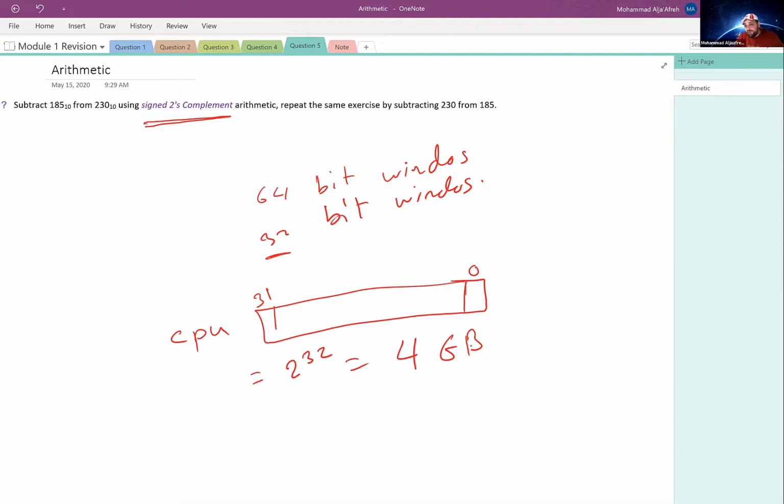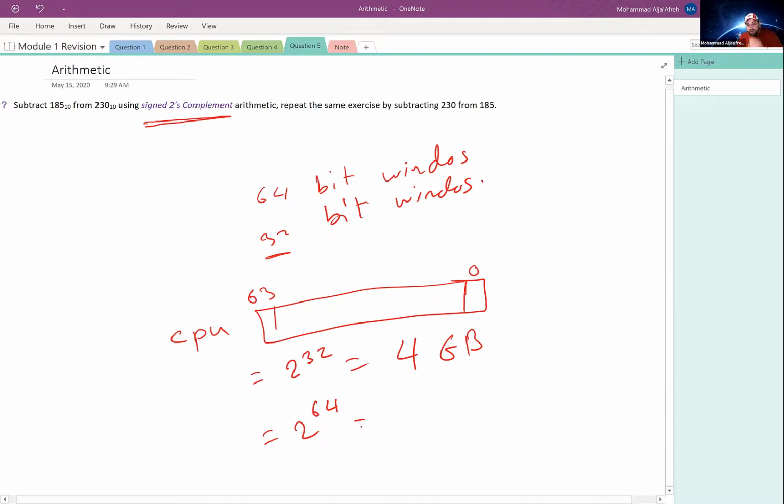Whereas the new iPhone and the new Intel and AMD CPUs are now using the 64-bit architecture. So 64-bit architecture means that your instructions will be formulated in binary notation using digits from 0 to 63. That means your CPU can handle memory up to 2 to the power 64.